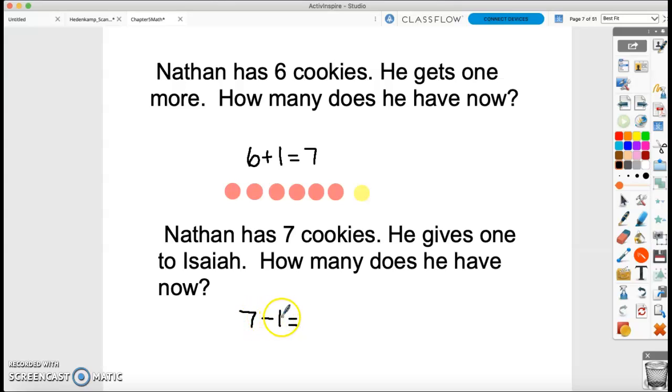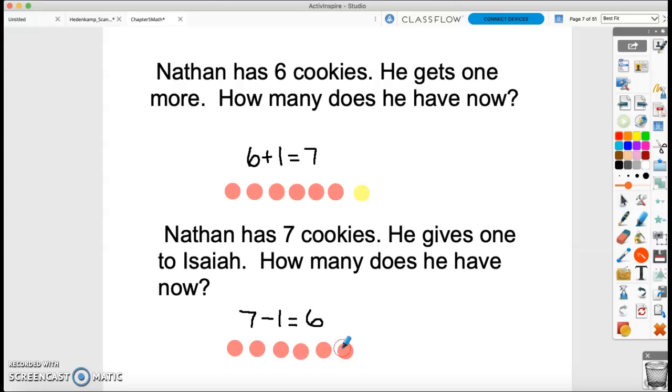Well, if I have 7, I take 1 away. The number right before it is 6. So 7 minus 1 is 6. Let's draw a picture of that. He has 7. One, 2, 3, 4, 5, 6.